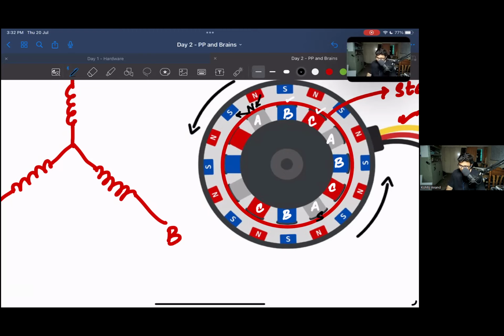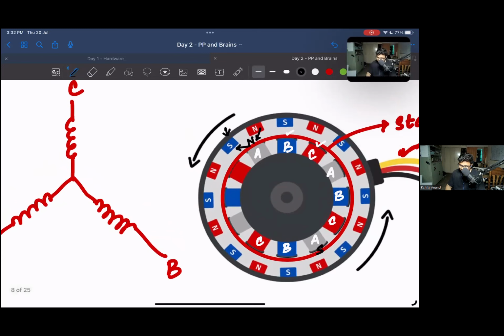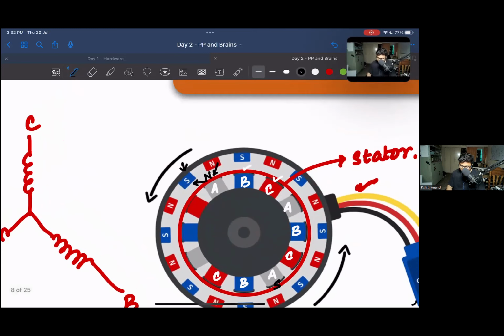The outer part is free to rotate, so it is going to turn like this. That's how a DC motor works.